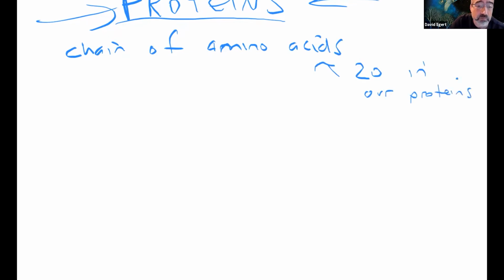You know, there's more amino acids than that, but those are the amino acids in our proteins, right? Those codons in the DNA code for one of these 20 amino acids. So that's how your cells know which amino acids to hook up in what order to make a particular protein. For this to make sense, we probably need to define an amino acid.